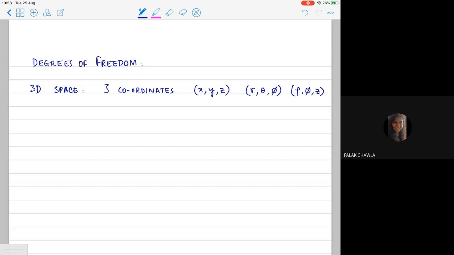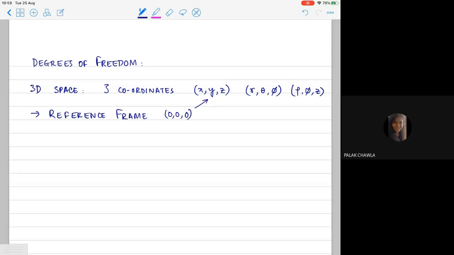Now, the mere statement again presupposes the existence of at least a reference frame, which is nothing but the coordinate system. So I know where my 0, 0, 0 of the frame is, with respect to which I will define these positions.